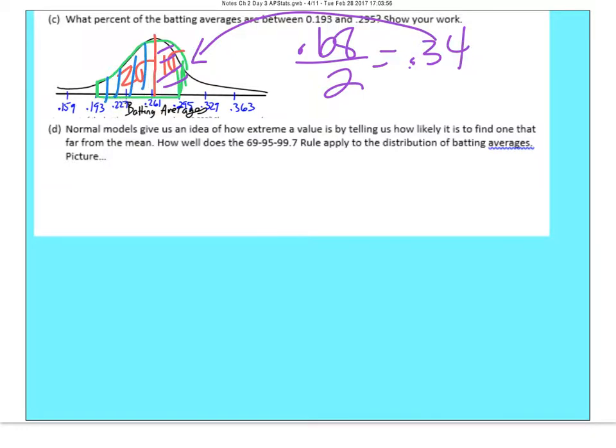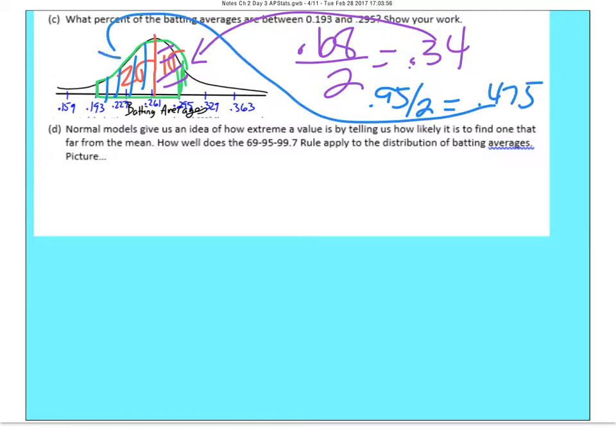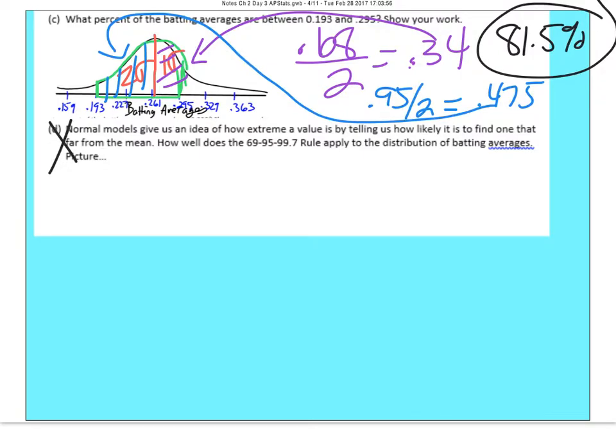So let's just take the 0.95 and divide that by 2, which gives us 0.475. And that is going to be this shaded region. So ultimately all we have to do now is add these two values up, and we're going to get 81.5% of the players are in between that range. And we're actually going to skip part D in here. And that's the end of this video.